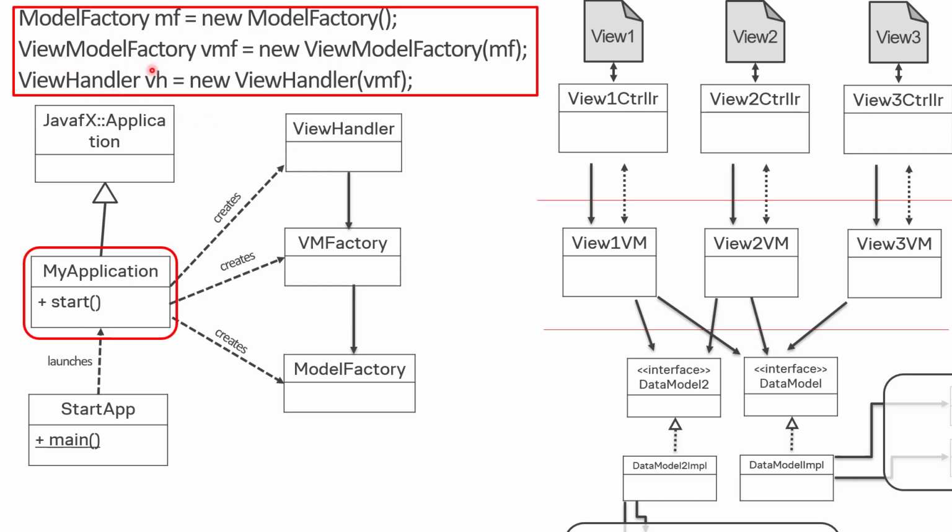The view model factory is created and passed as an argument to the view handler constructor. And the same is true for the model factory, right? We create this and I pass that to the view model factory. So that's the way that I can create the association here between them. The view model factory is given a reference to the model factory through the argument here.